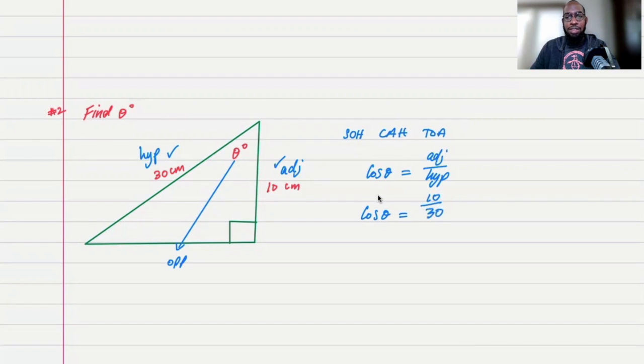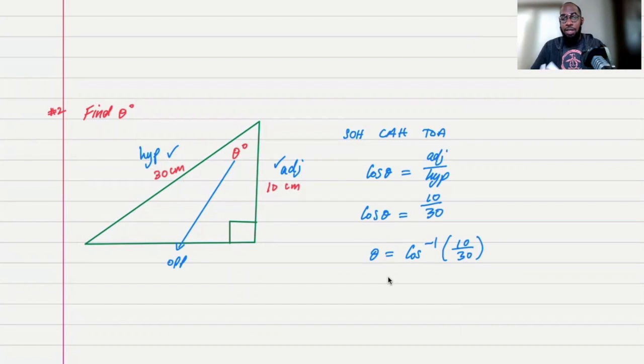Cos theta is equal to 10 over 30, adjacent is 10, hypotenuse is 30. Theta is equal to, you can say 10 over 30, you can say a third.